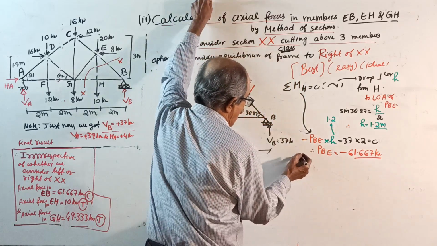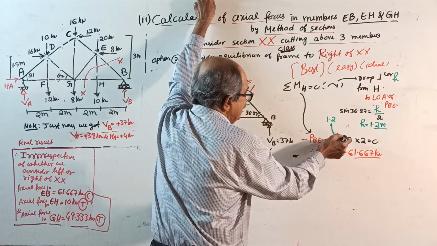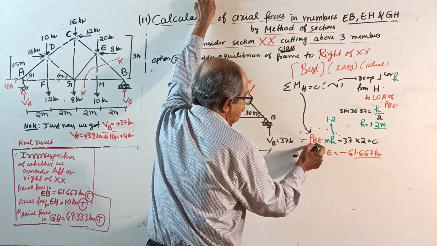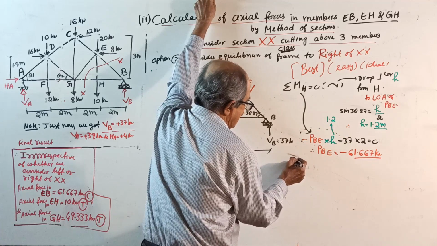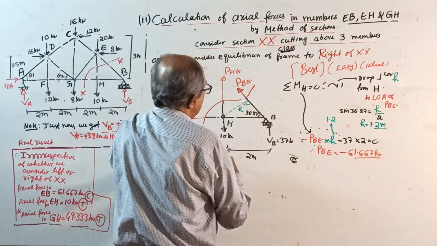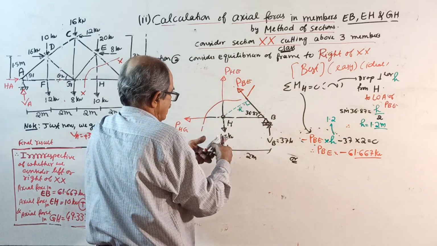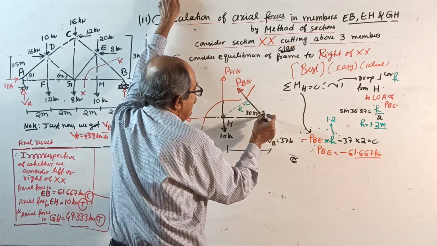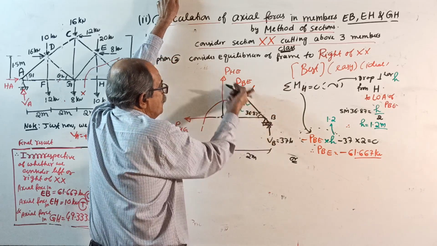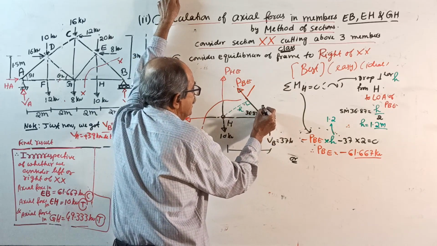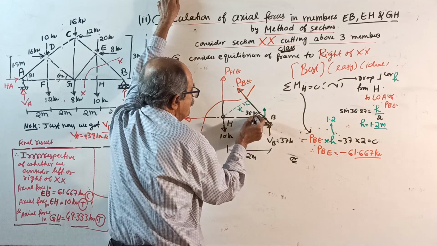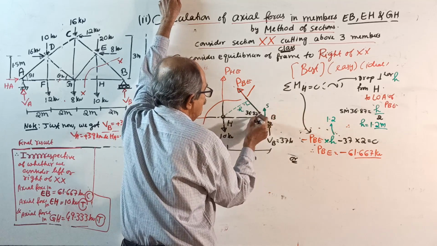Do one thing. Suppose anybody is finding difficulty with this perpendicular right here, the other option is: this PBE is passing through the point B. At the point B, you resolve this force into a vertical component and a horizontal component. Vertically sine, horizontally cos.